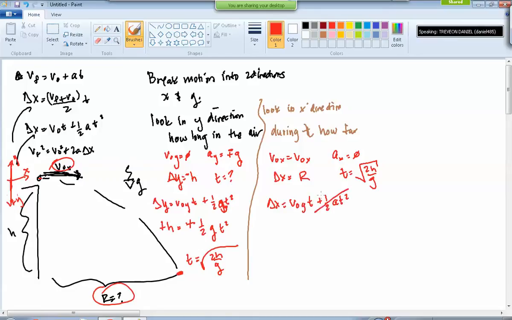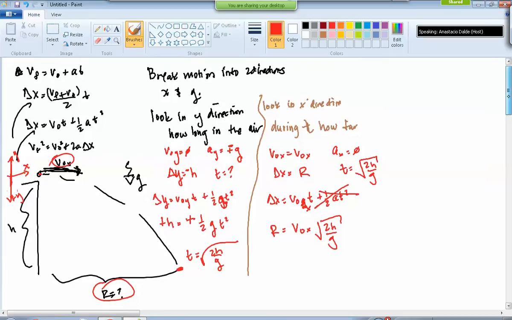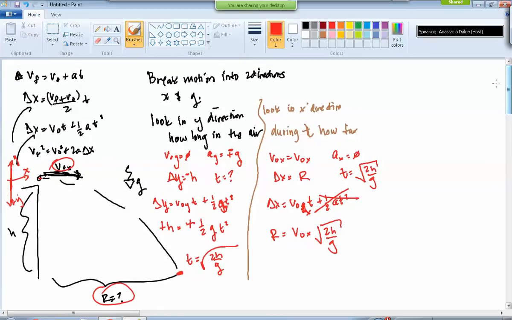If this is 0, I end up getting r is equal to v naught x times the square root of 2h over g. Are we cool with that? Okay. Alright. Is everyone good then? I can move on? This is what we did on Tuesday.